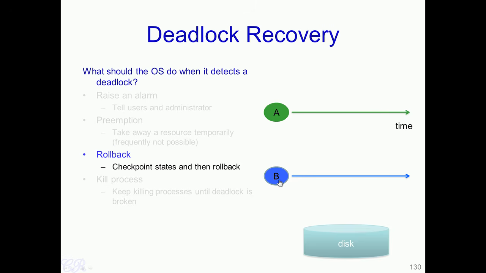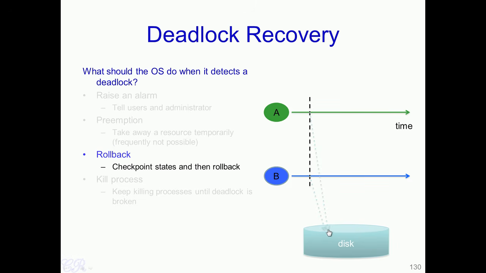Then a third method is by using a technique known as rollback. So, with rollback, both processes A and B, as they execute, will be checkpointed. By checkpoint we mean that the state of the process gets stored onto the disk. The process executes for some time, and then the entire state of the process gets stored onto the disk.